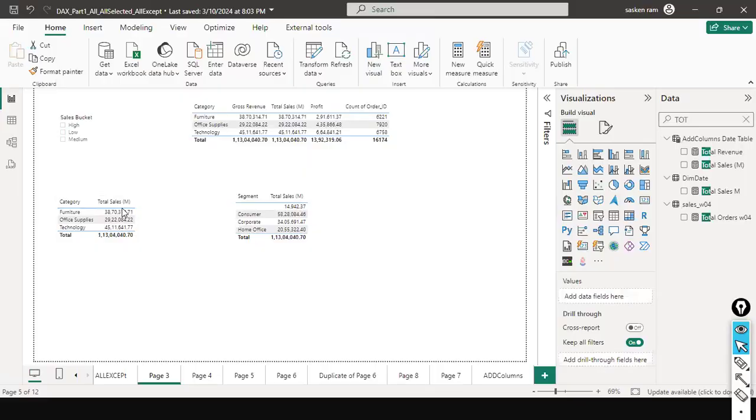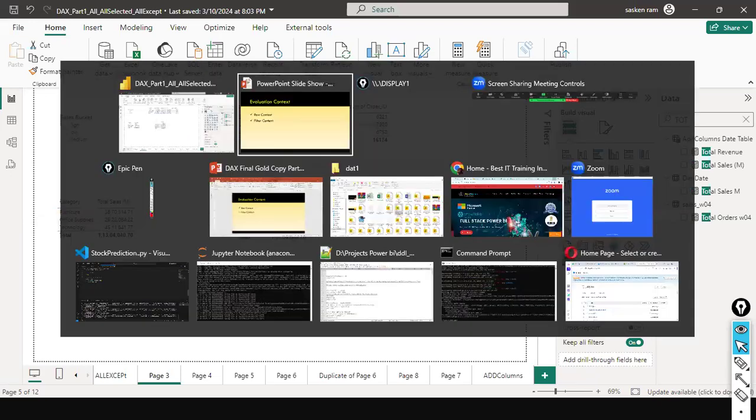Though the total sales measure uses the same formula, sum of sales, it behaves differently because of the environment. Dropped along the category, it is one environment; dropped along the segment, it is a different environment.